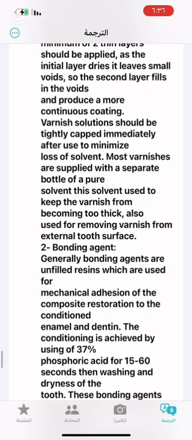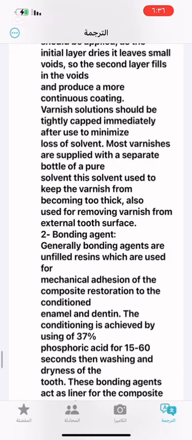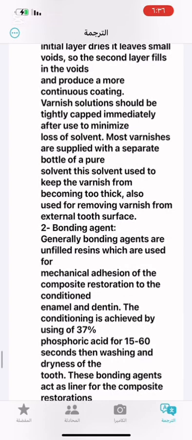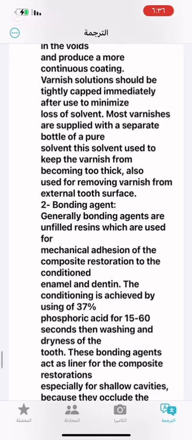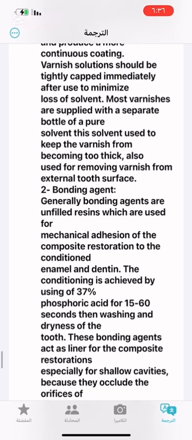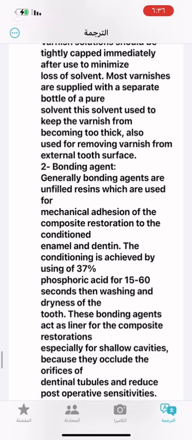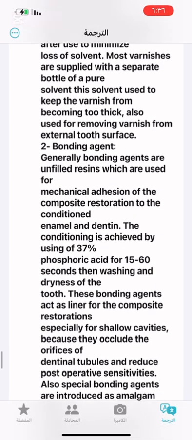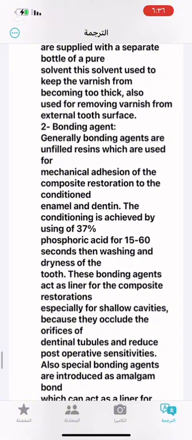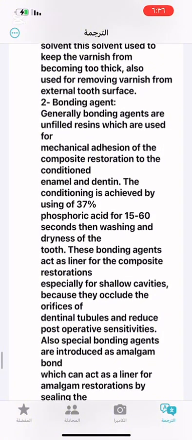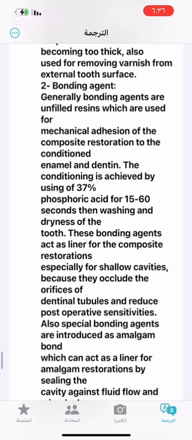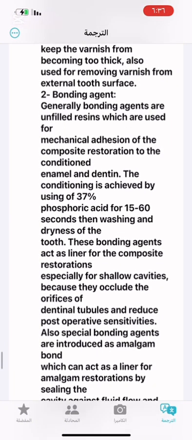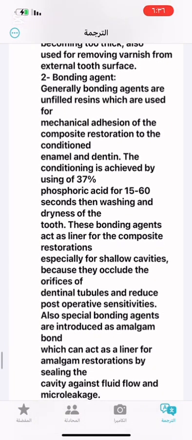A minimum of 2 thin layers should be applied, as the initial layer dries, it leaves small voids, so the second layer fills in the voids and produces a more continuous coating. Varnish solutions should be tightly capped immediately after use to minimize loss of solvent.